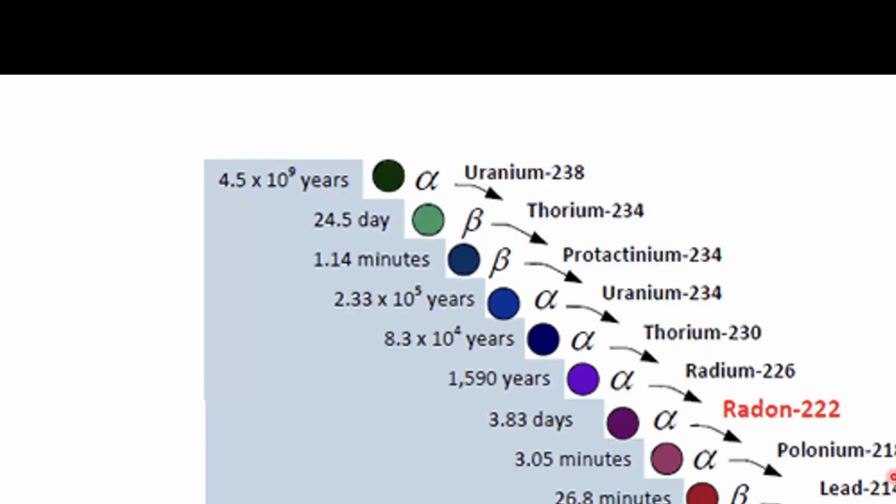And this property of uranium 238 is used for dating fossils and rocks. The proportion of uranium 238 to lead present in a rock sample is used for its dating, like how old is this piece of rock or a fossil.